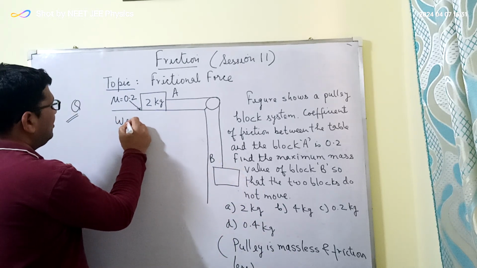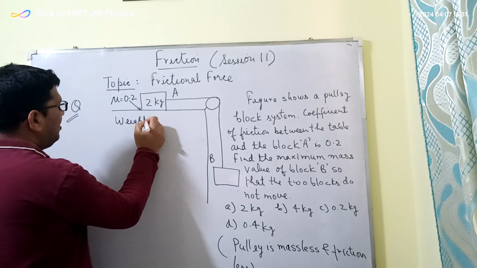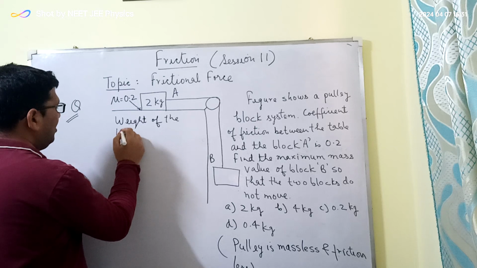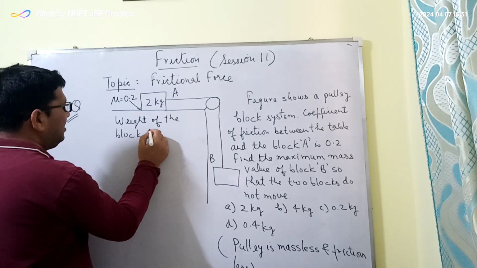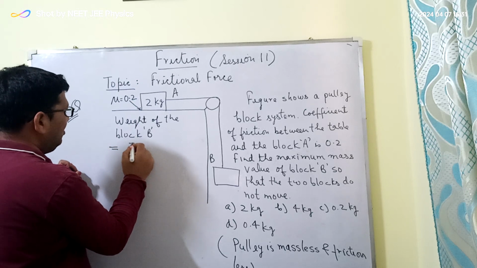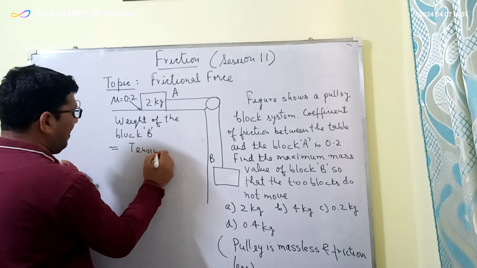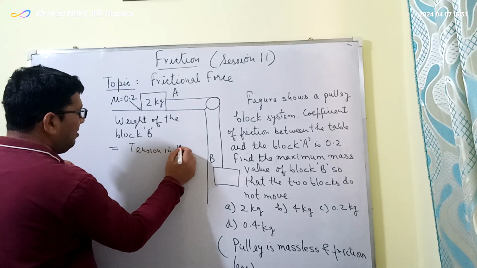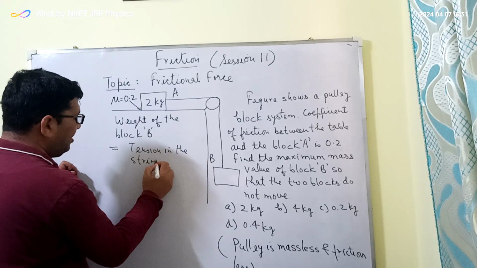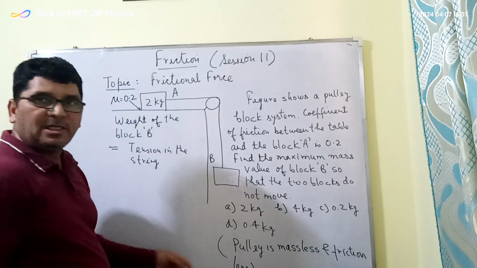So if these two blocks do not move, then the weight of the block B should be equal to the tension in the string, because the tension always acts away from the body and the weight will be acting vertically downward.